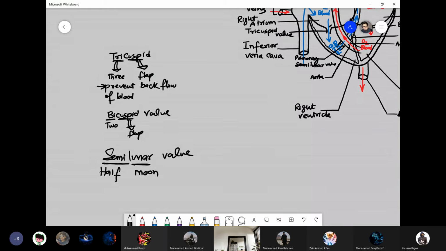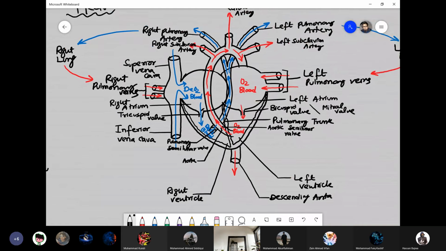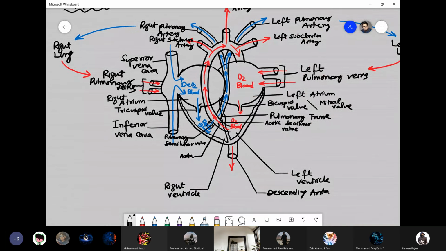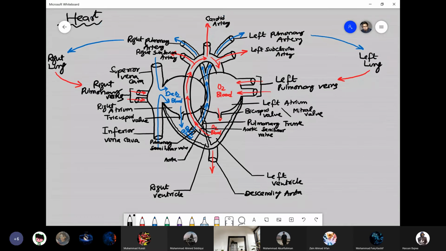So boys, the flaps in these valves are half moon shape. As these flaps are half moon shape, that is why these are called semilunar valves. Okay, boys? Understood, everyone?